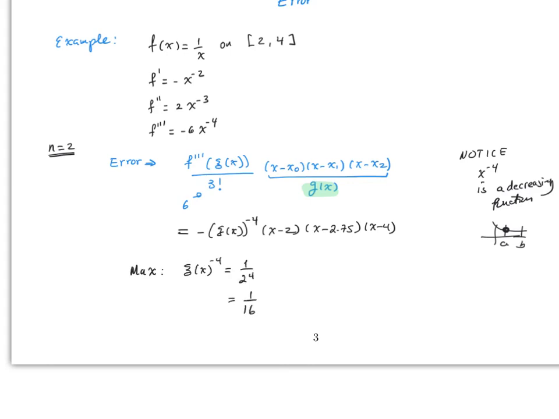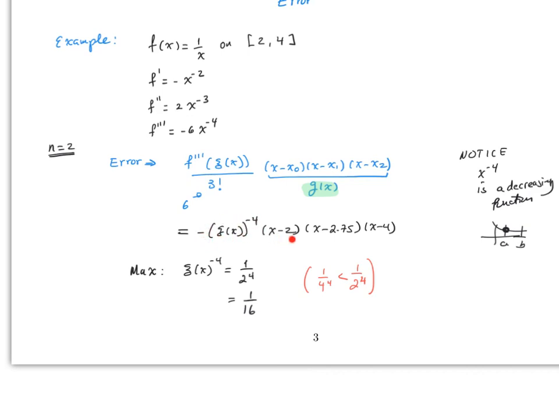Now you want to convince yourself that that's the case. The other extreme, which will be 4, you will have 1 over 4 to the 4, and the other one is 1 over 2 to the 4, and clearly this is less. So therefore the maximum is happening at this endpoint. So that will take care of this part.